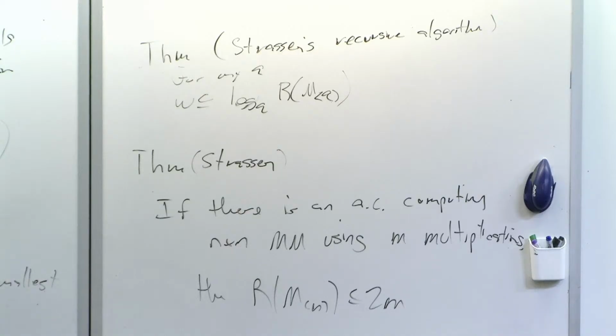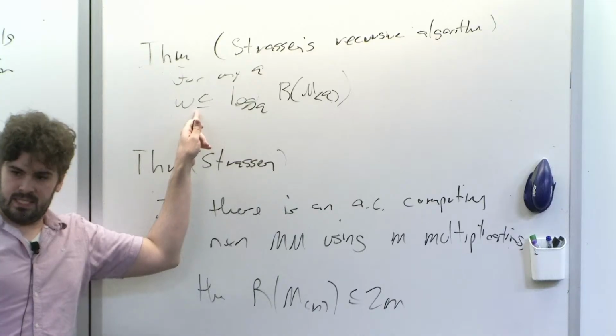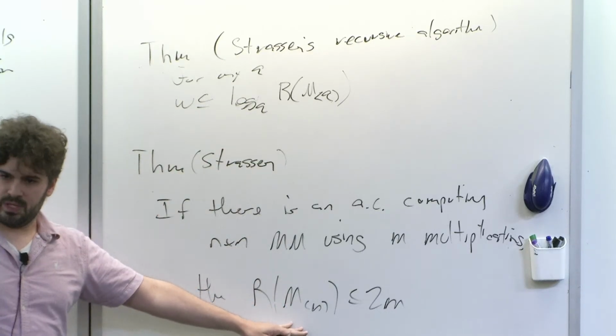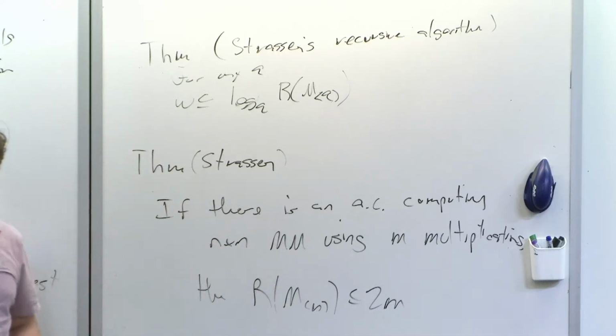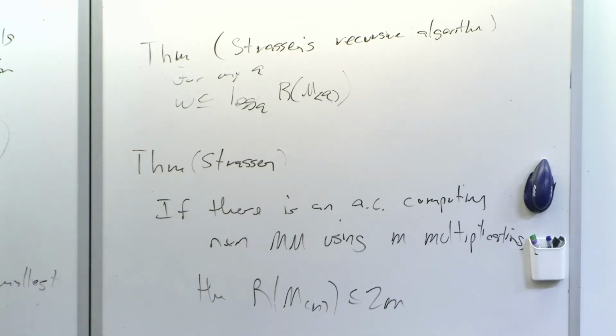So Strassen's recursive algorithm gives us a link between tensor decomposition and circuit size in one way, and then Strassen gives us a construction. Essentially, the proof of this is due to a construction that turns a circuit into a rank decomposition. So we have, within a factor of 2, essentially equality here.